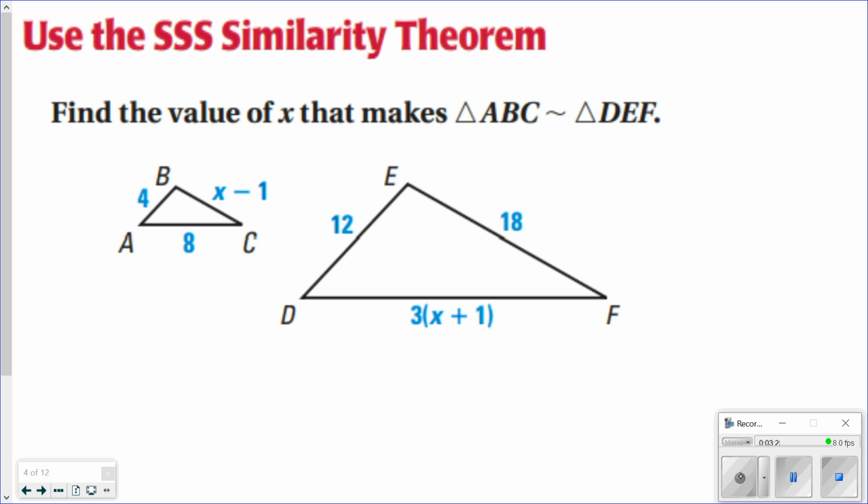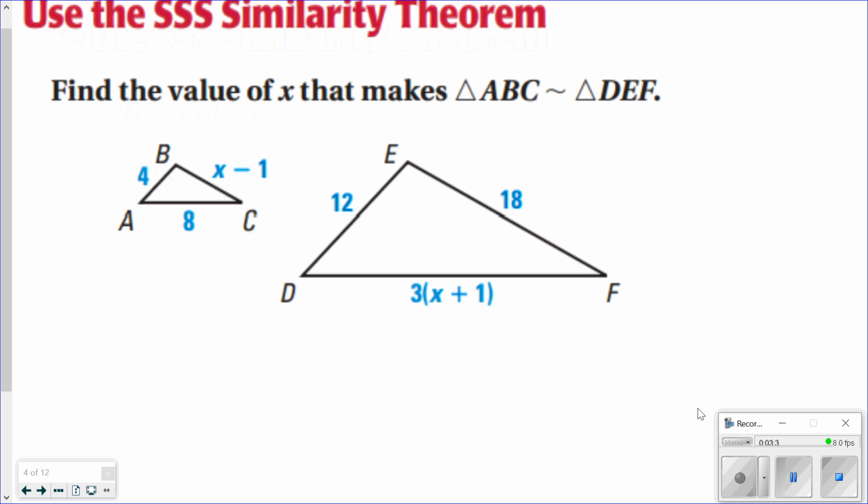Find the value of x that makes triangle ABC similar to triangle DEF. All right, so first I need to figure out two corresponding sides that I know of, and we know 4 and 12. So I'm going to make those into a ratio. So 4 divided by 12. All right, next I'm going to use one of the equations that involves x.